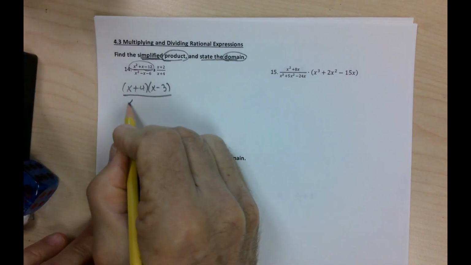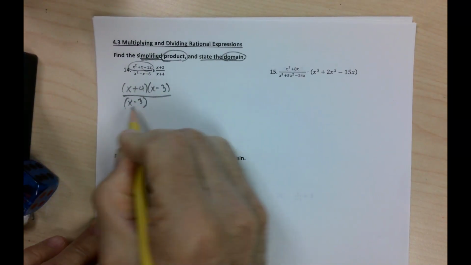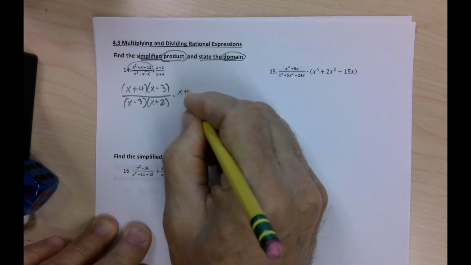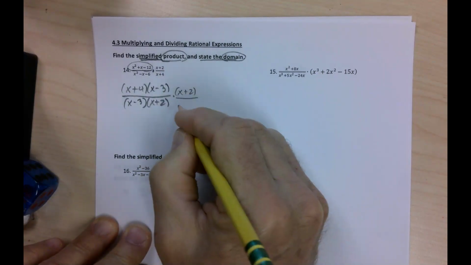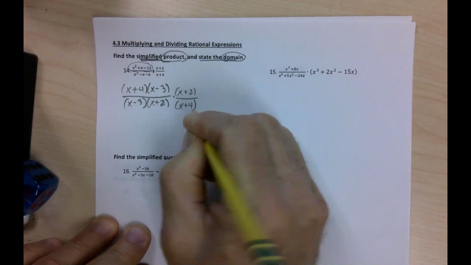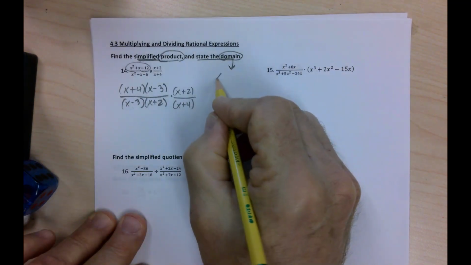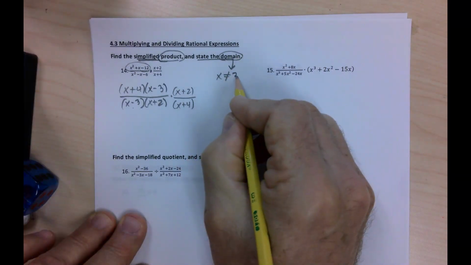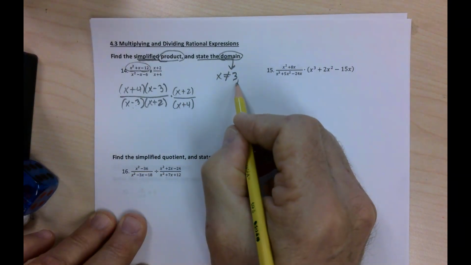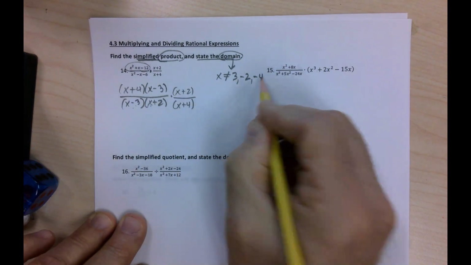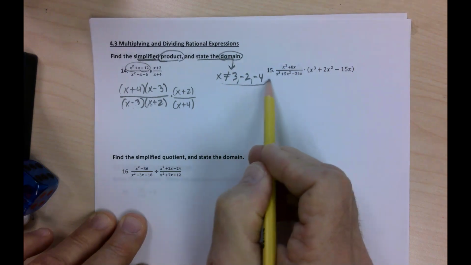This right here is x minus 3, x plus 2. And there's an x plus 2. I'm going to put that in parentheses because it kind of compartmentalizes things for you. Now is the time to find the domain. X cannot equal 3 because that would cause that to be a 0, negative 2 because that would cause that to be a 0, and negative 4. So that's how you talk the domain talk.